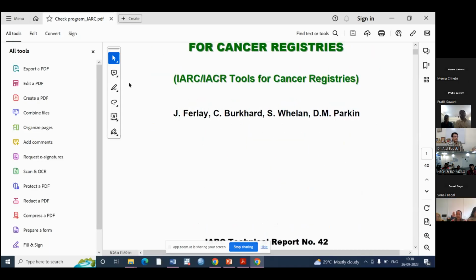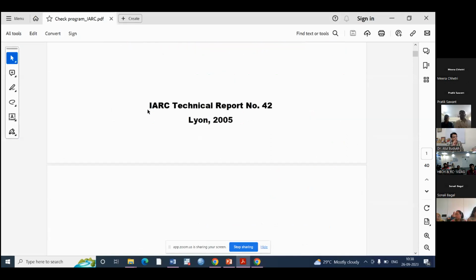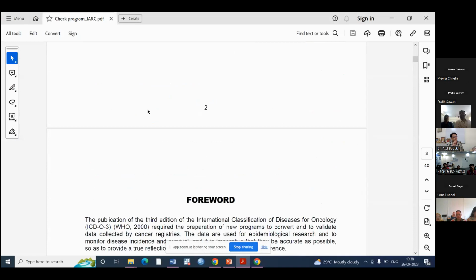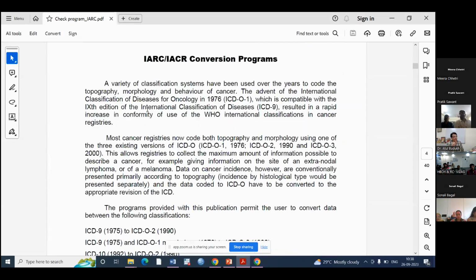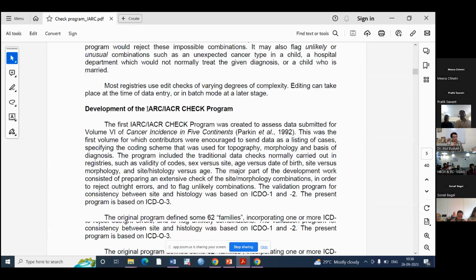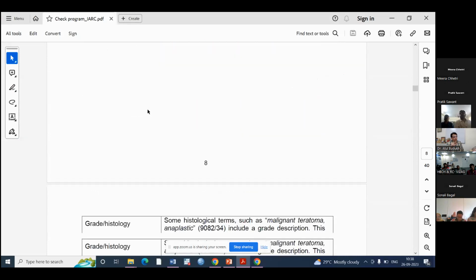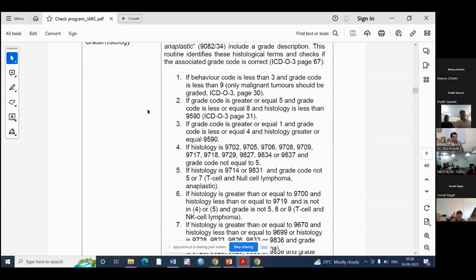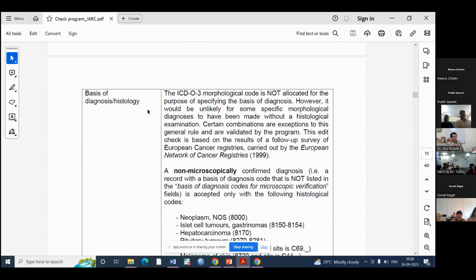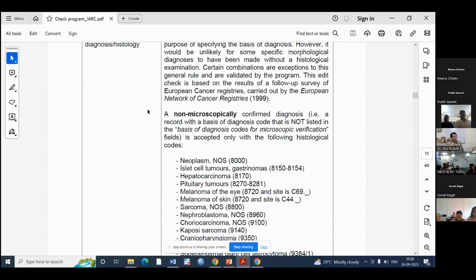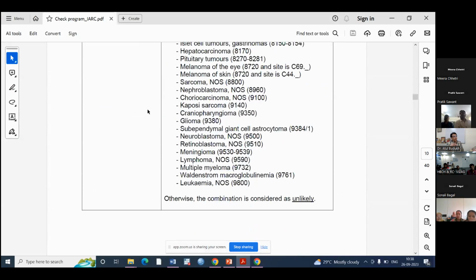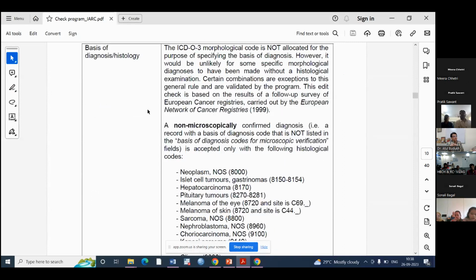Show it to that. And yesterday I told you about non-microscopic cases. If it is a non-microscopic case, what the IRC rule is, for certain non-microscopic cases you have to put the morphology code, like 8000.